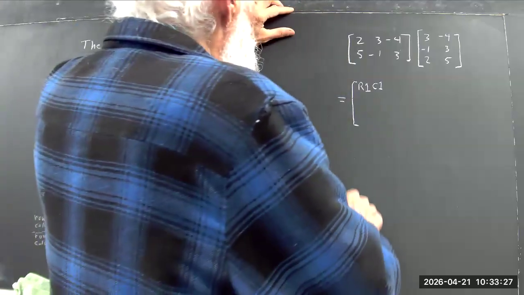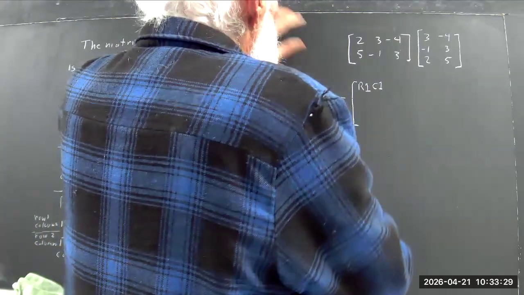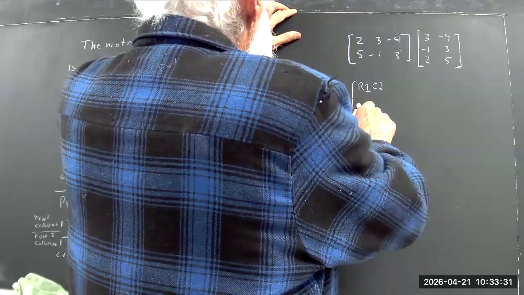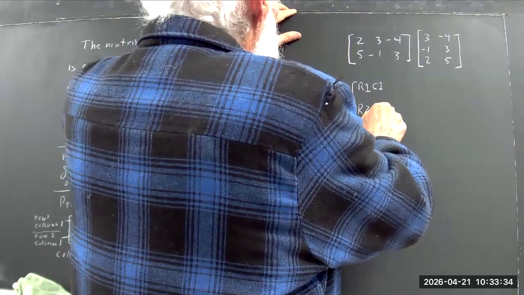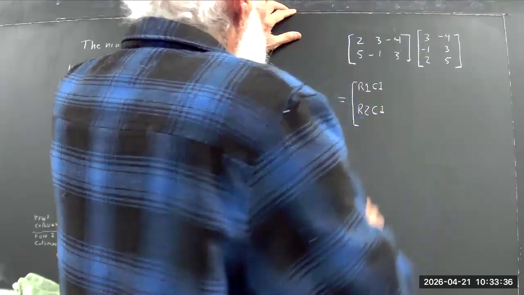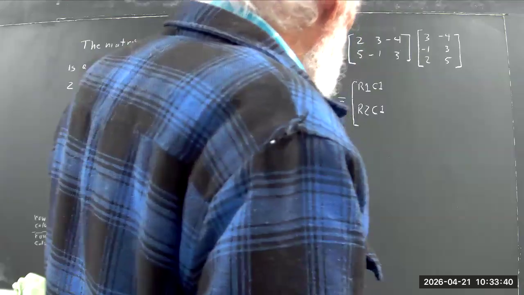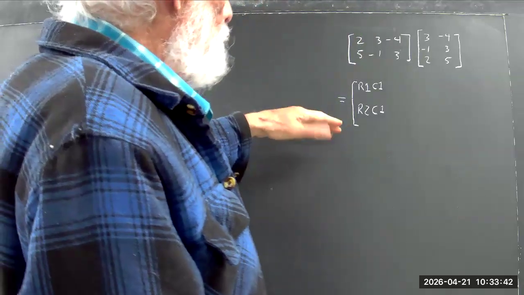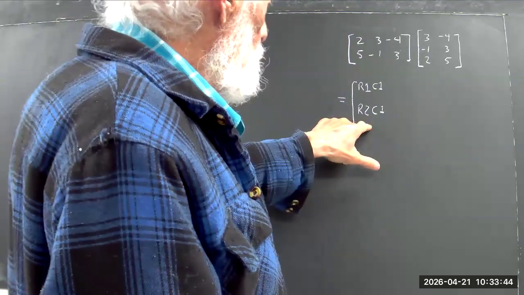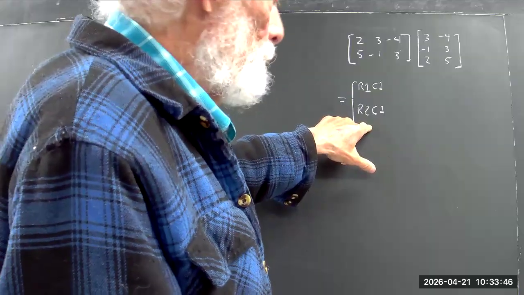Now below that, we write row 2, column 1. I'm just using R2C1 for row 2, column 1.